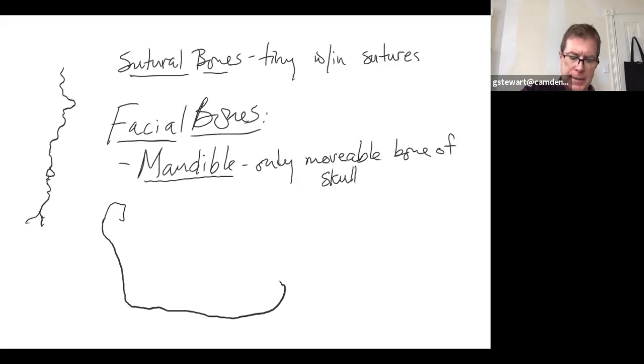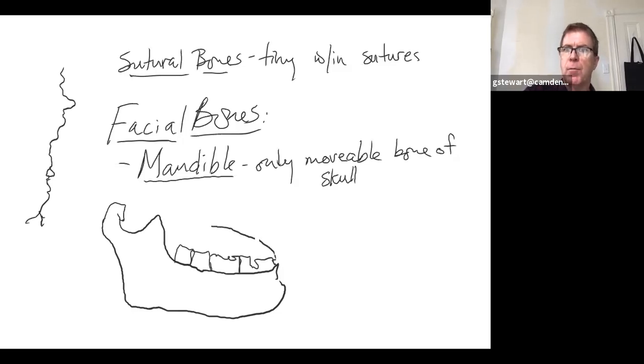This would be the right side if this is a lateral view of what the mandible looks like. Here's the area with the teeth. So I'll just start labeling these giant teeth, these molars here. And if it wrapped around this way, there'd be more teeth over here, and another set on the far side of us.